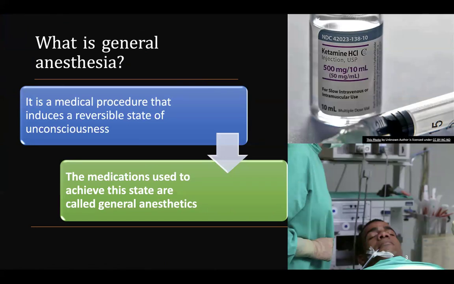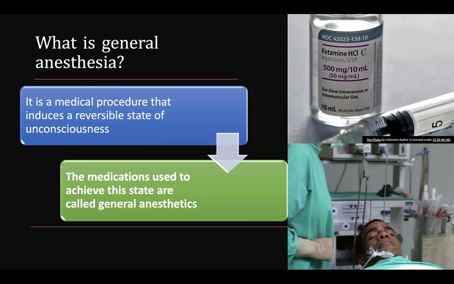Now, what really is general anesthesia? It is a medical procedure that allows us to induce a reversible state of unconsciousness in a patient. This happens because we depress the activity of the CNS.